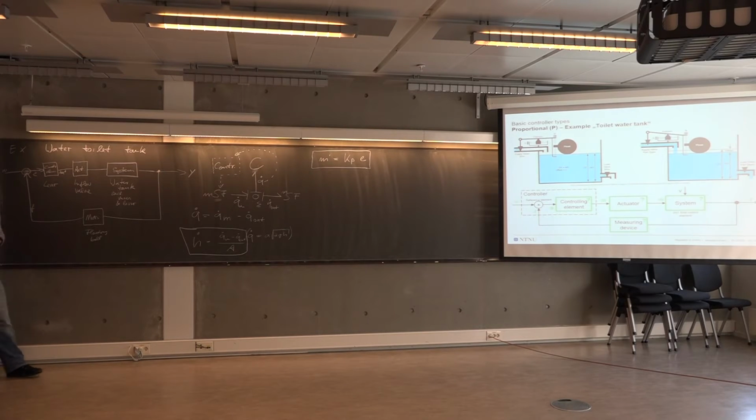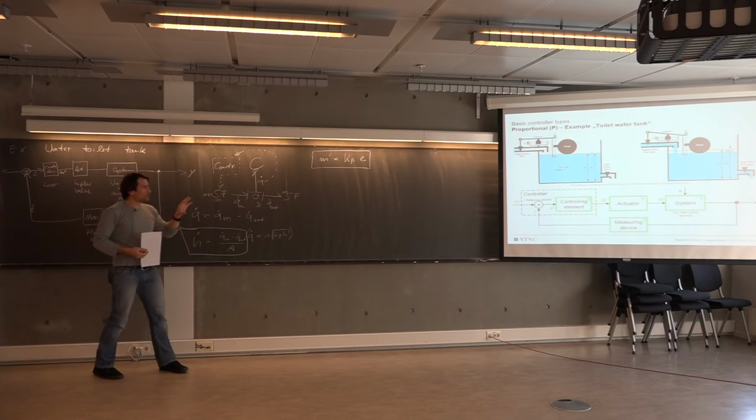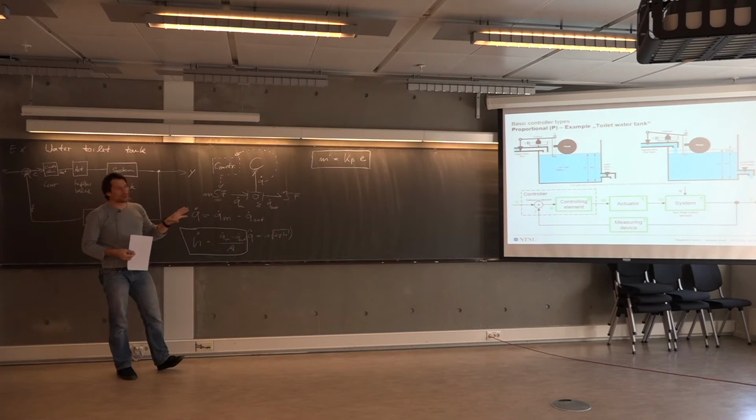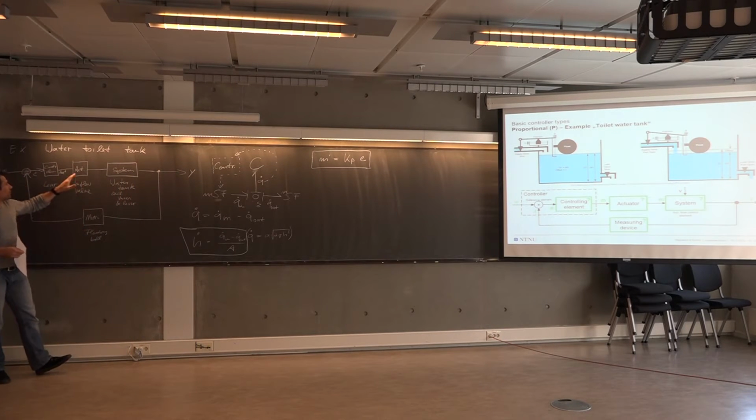Now, if we had modeled this system in a more sophisticated way, meaning not neglecting the valve resistances and the valve mechanics and all that, we would have some special expression for the actuator, for the valve. What comes out here is basically the change in height on the left-hand side of this lever, right? If the floating ball goes up, the left-hand side goes down. But what we actually need is the flow rate. That's what we are using to control this.